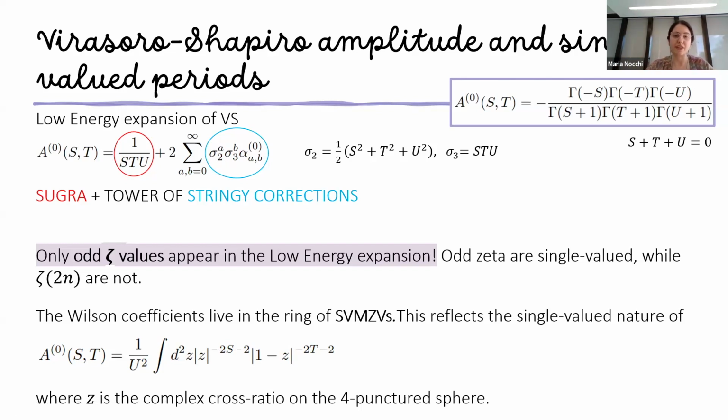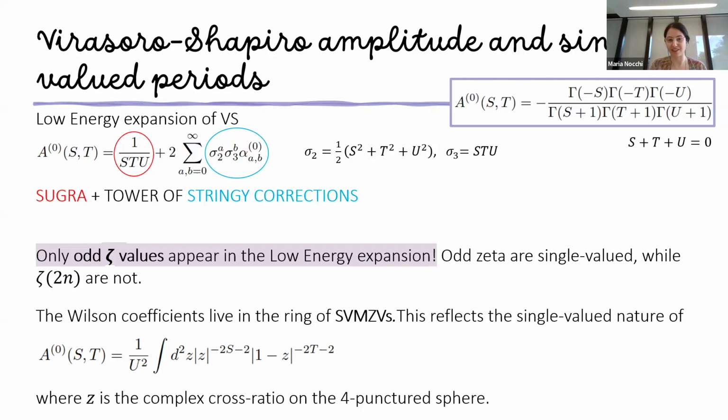And the important thing is that only odd zeta values appear in the low energy expansion. And this is very deep because odd zetas are single valued while even zetas are not. What I mean by that is that if you try to take odd zetas and map them to the single valued one, that will be proportional to the odd one, while the single valued version of the even one is just 0.